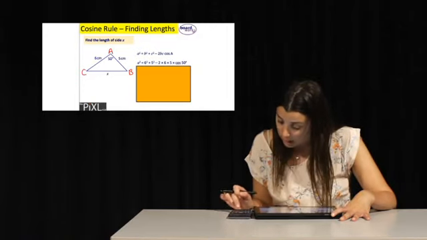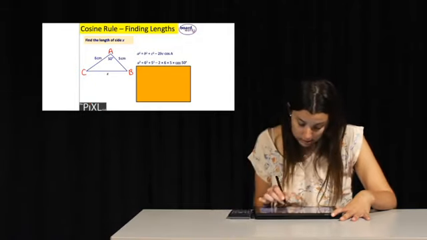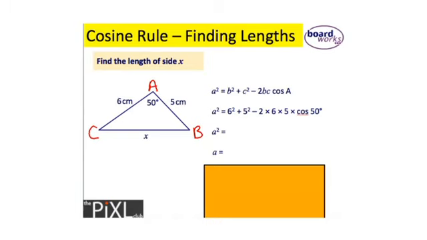So we have our 6 squared plus our 5 squared, and we know that equals 61. So our first step for this part will be 61. We then need to take away our second section, which is 2 multiplied by 6 multiplied by 5 multiplied by cos 50.